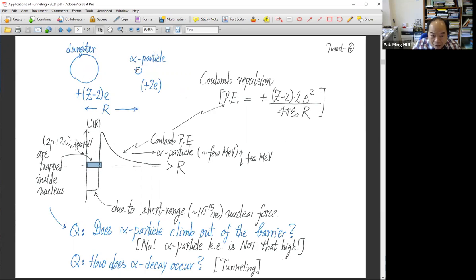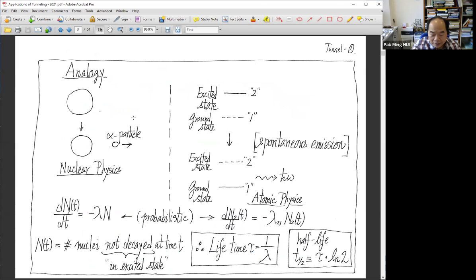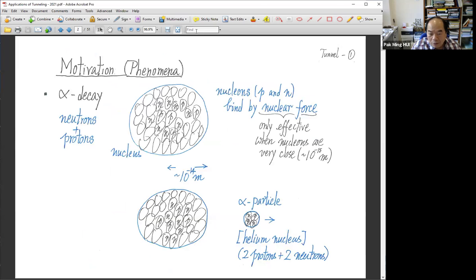If it is already outside the nucleus, it sees a repulsion, 1 over R. Okay, so this is what I want to plot. However, when it is inside, before it comes out, we have nuclear force.